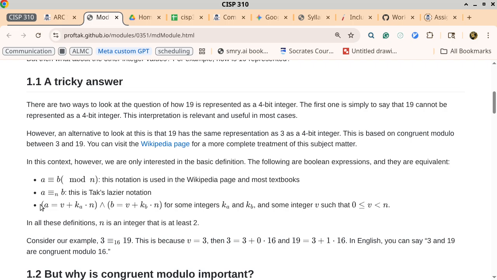So now the question is, can you find an integer V that is non-negative, and it has to be up to 15, and also Ka and Kb, which can be any integer, to satisfy these two equations?